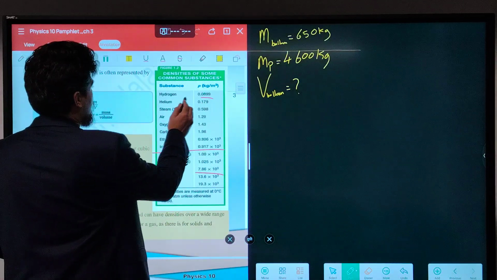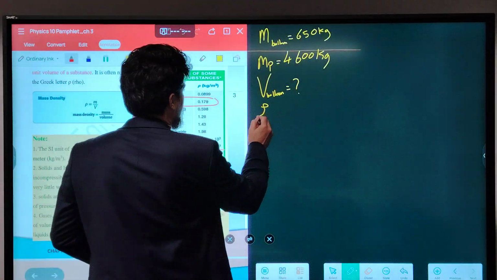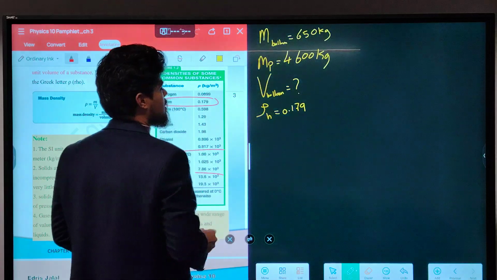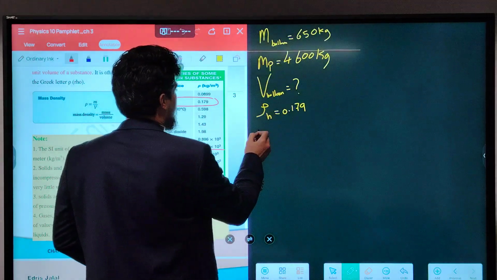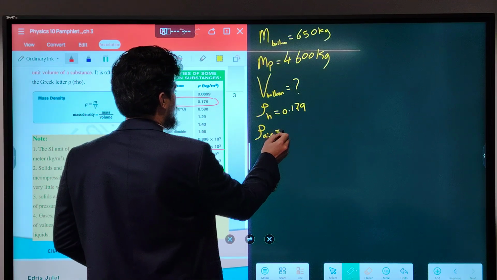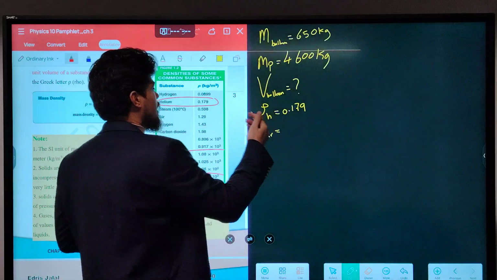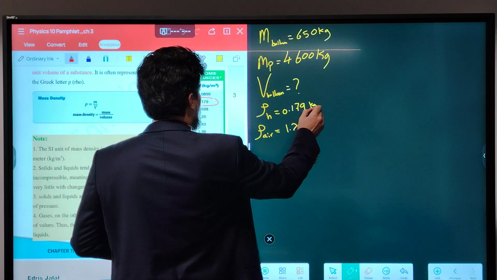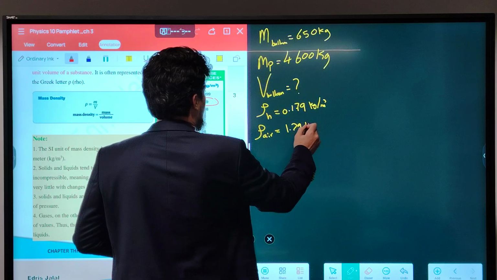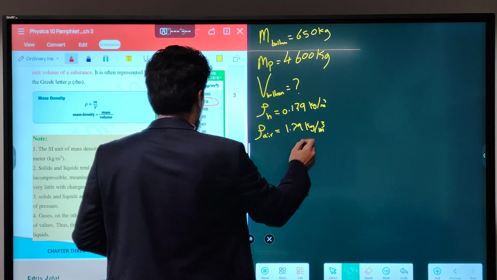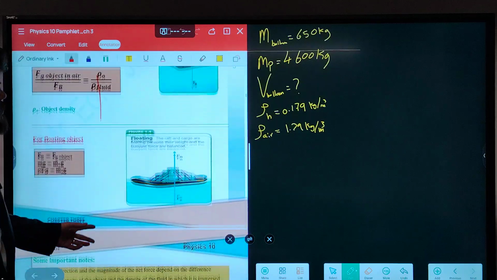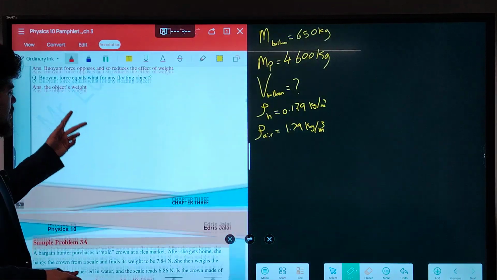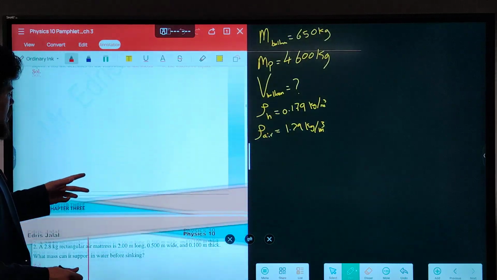The density of helium is equal to 0.179, and the density of air, because the balloon is rising in the air, is equal to 1.29 kilogram per meter cube. Now we have to determine the volume of the balloon that can hold the 4,600 kilogram.